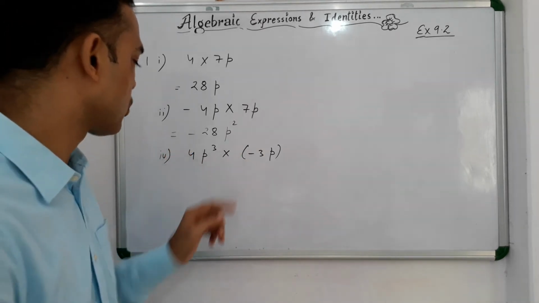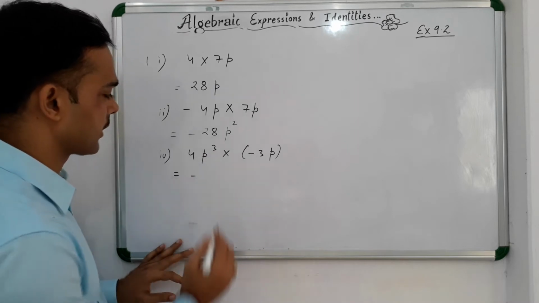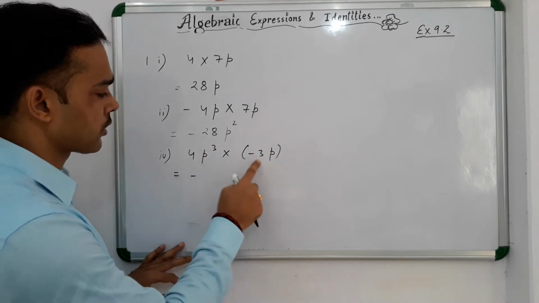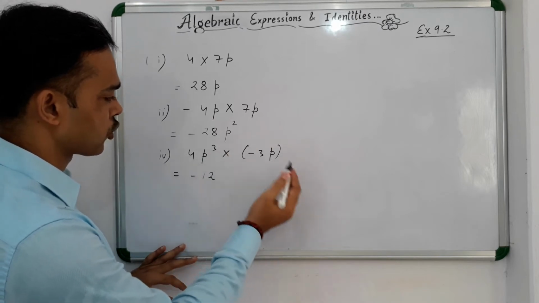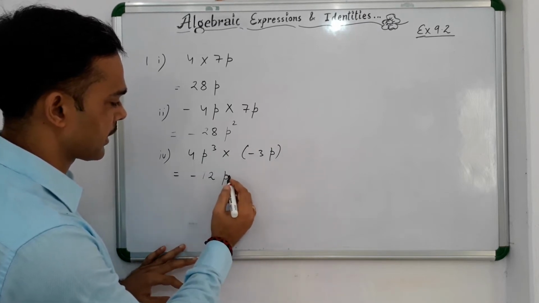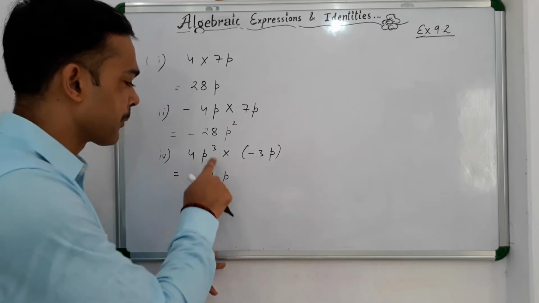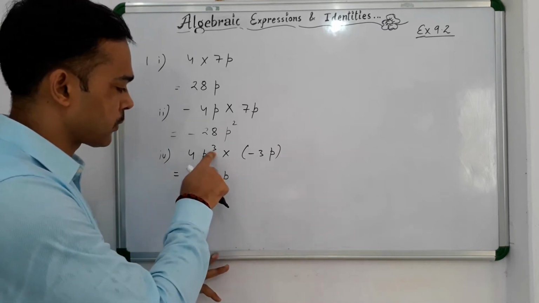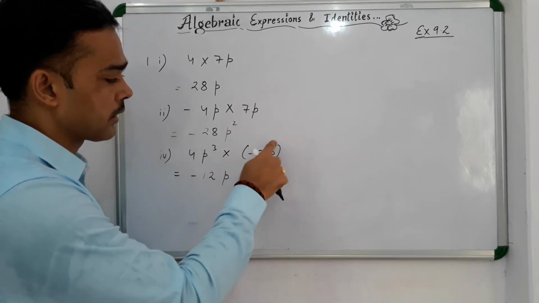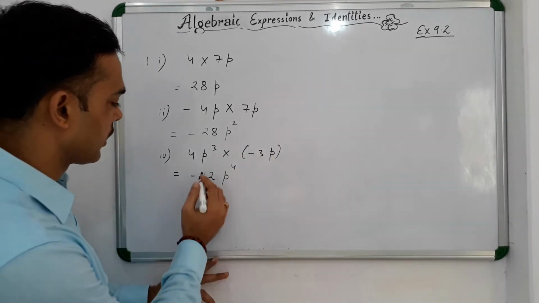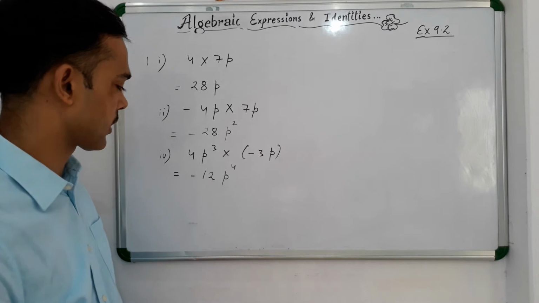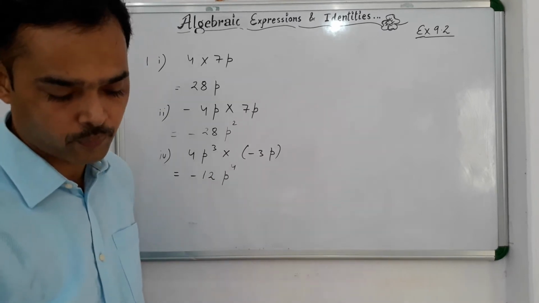So plus into minus will be minus. 4 into 3 will be 12. P cube into p means p raised to the power 3 plus 1, because here the exponent is 1, sorry 3, and here it is 1. So 3 plus 1 will be 4. In this way you get the answer as minus 12 p raised to the power 4.